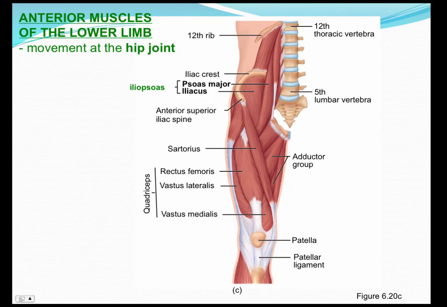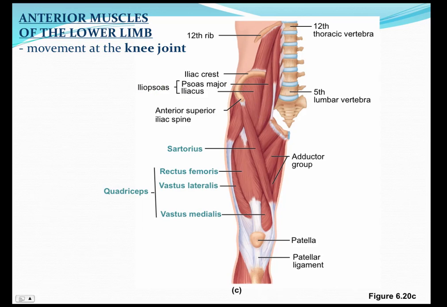Looking anteriorly at this hip joint, iliopsoas. So we have two, the iliacus and psoas major. And this is for hip flexion, and it helps keep the body firm from falling backwards when you're standing upright. It's a nice contraction.